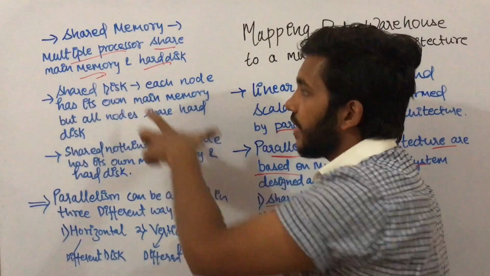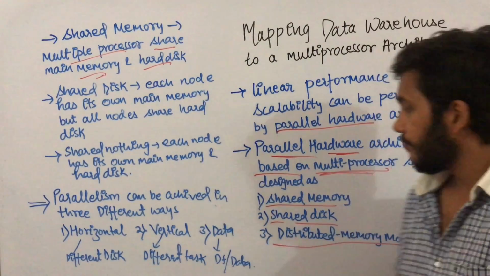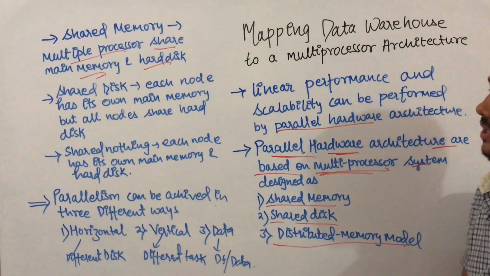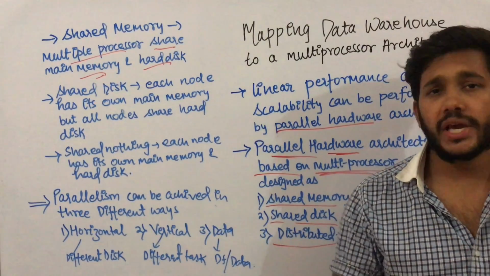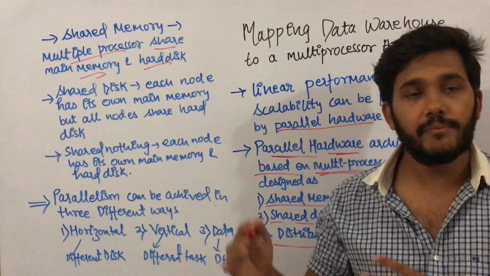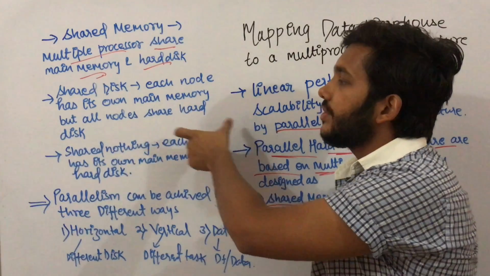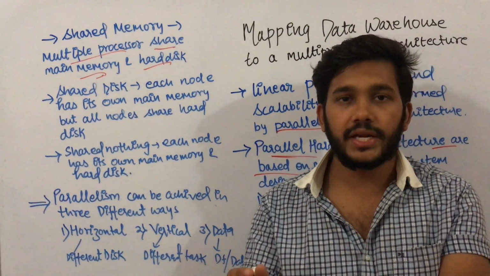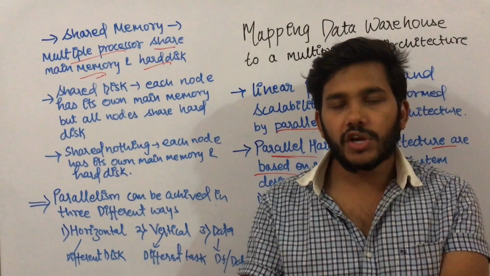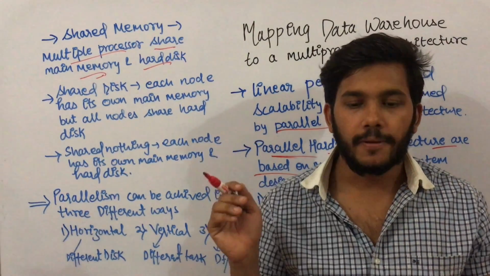Now second, shared disk. When you are following the parallel hardware architecture of shared disk, then each node has its own main memory, but all nodes share the same disk. It is like you have connected a phone with a computer.